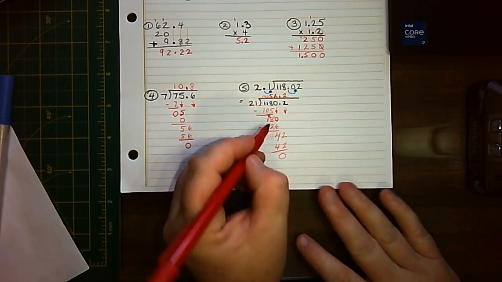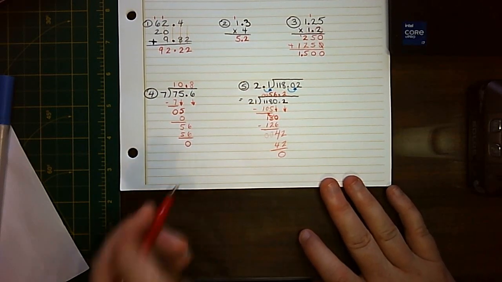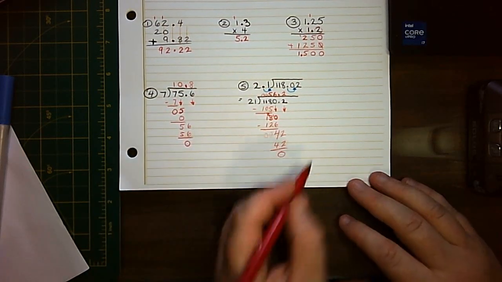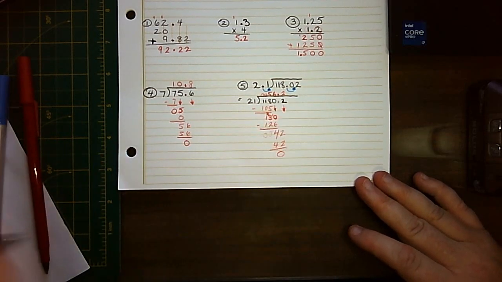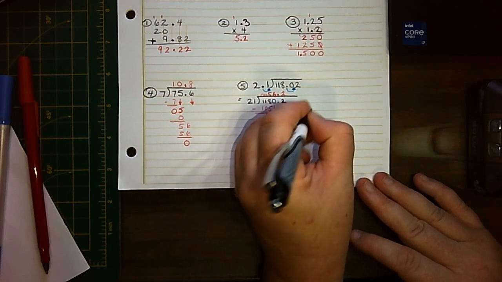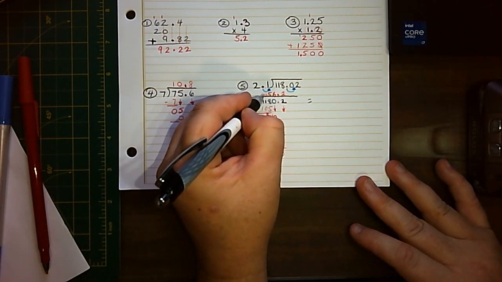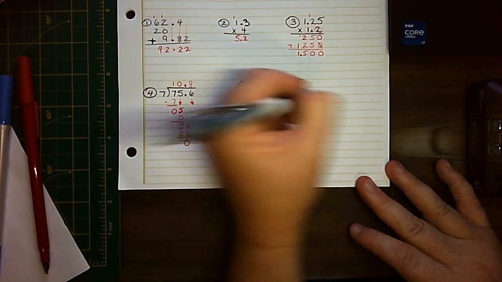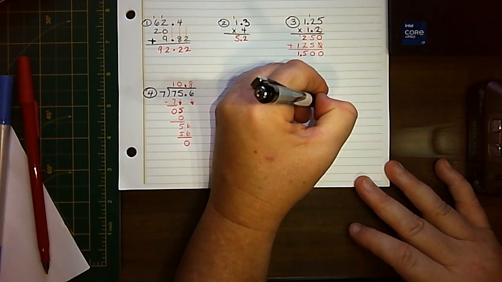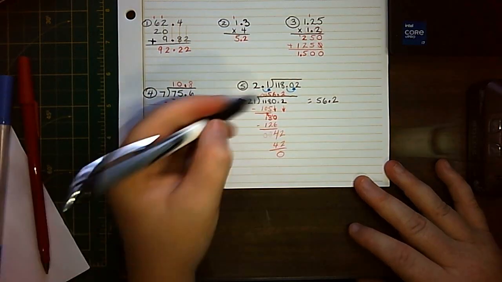Okay, so again, that was 130 right there. So, our answer to that, because I realize it's a little squishy, right? This ends up equaling, and these zeros are just placeholders, by the way, so we could write it as 56.2.